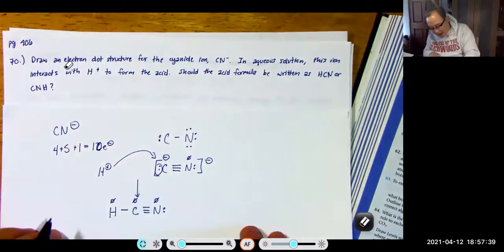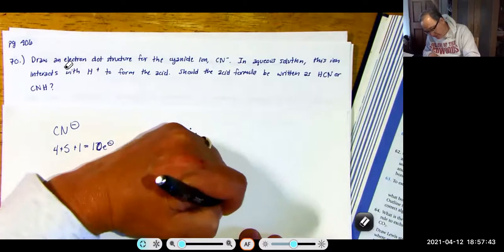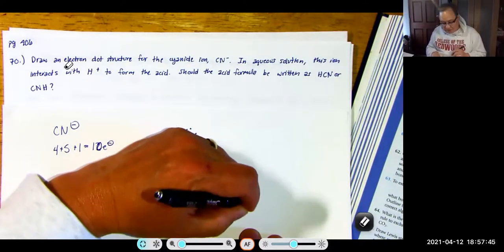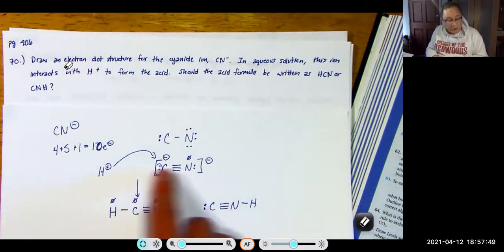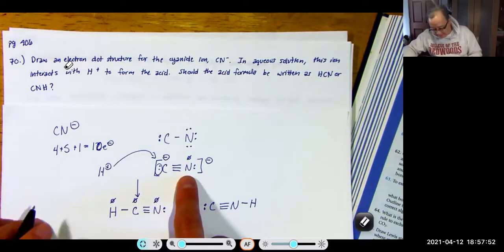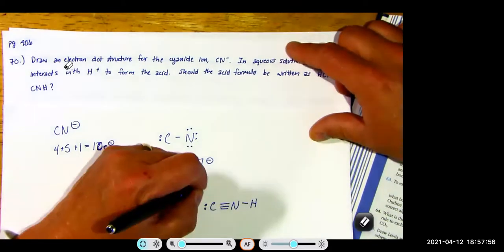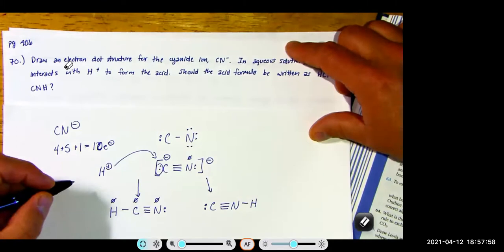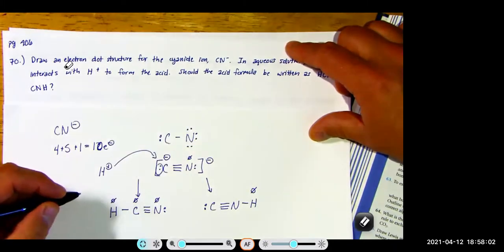Now let's put the hydrogen on the other side. So we're going to pretend that the hydrogen would bond to this nitrogen with a 0 charge. Let's look at the formal charges here. Hydrogen is still 0. Nitrogen is +1.